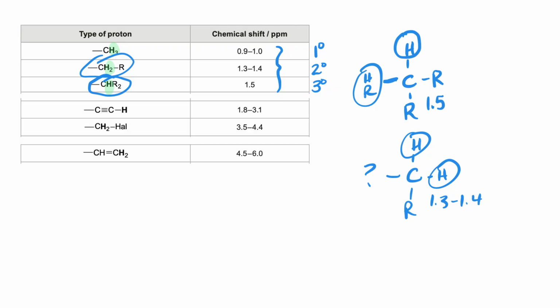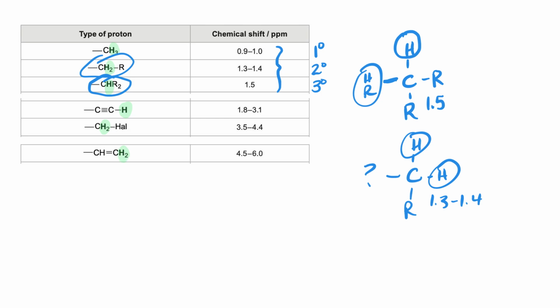The ones below are self-explanatory. So we have a proton next to a carbon-carbon triple bond. We have protons that are beside a carbon that's attached to a halogen. And then we have the protons involved in a carbon-carbon double bond.